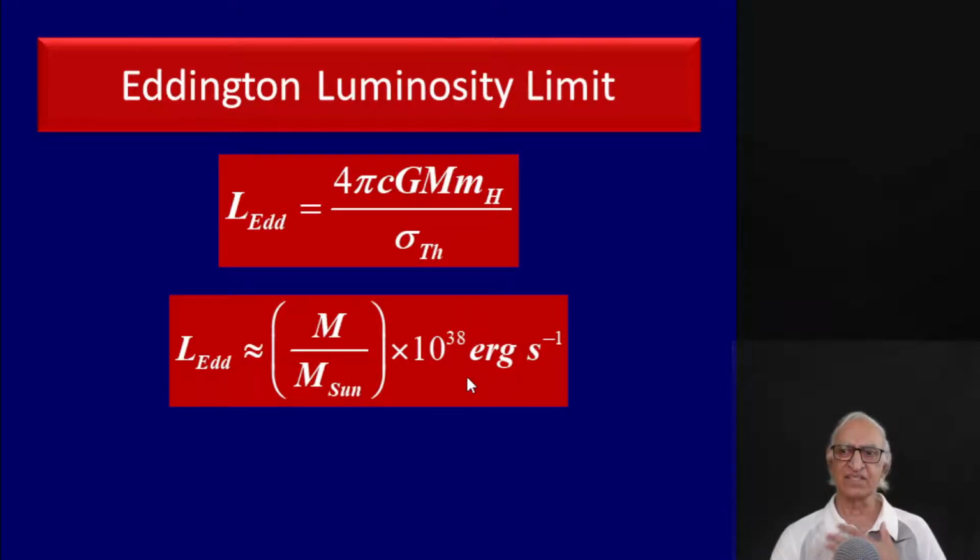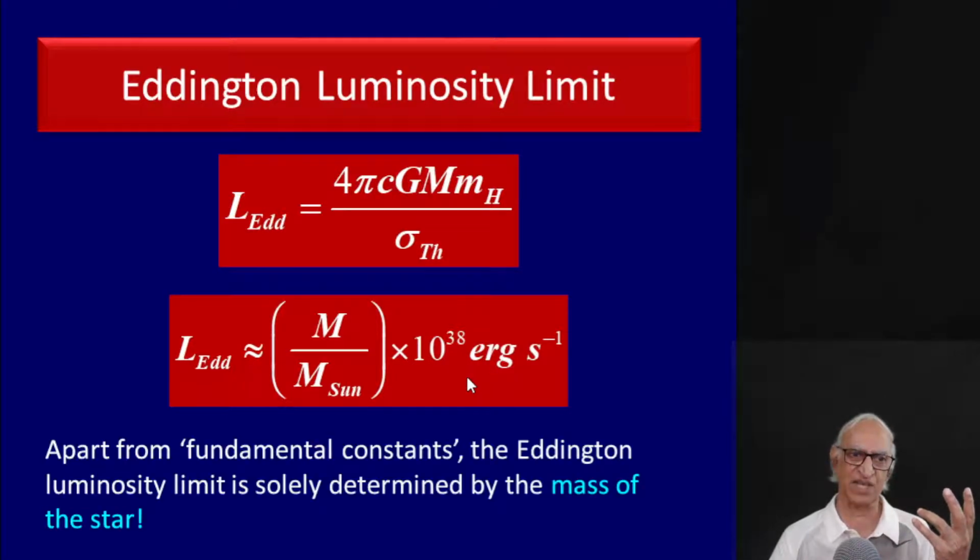To me, this is one of the most beautiful results in all of physics, because it's saying that apart from fundamental constants, the maximum luminosity a star can have is uniquely and solely determined by the mass of the star, and the mass of the star alone. Isn't that a beautiful result?